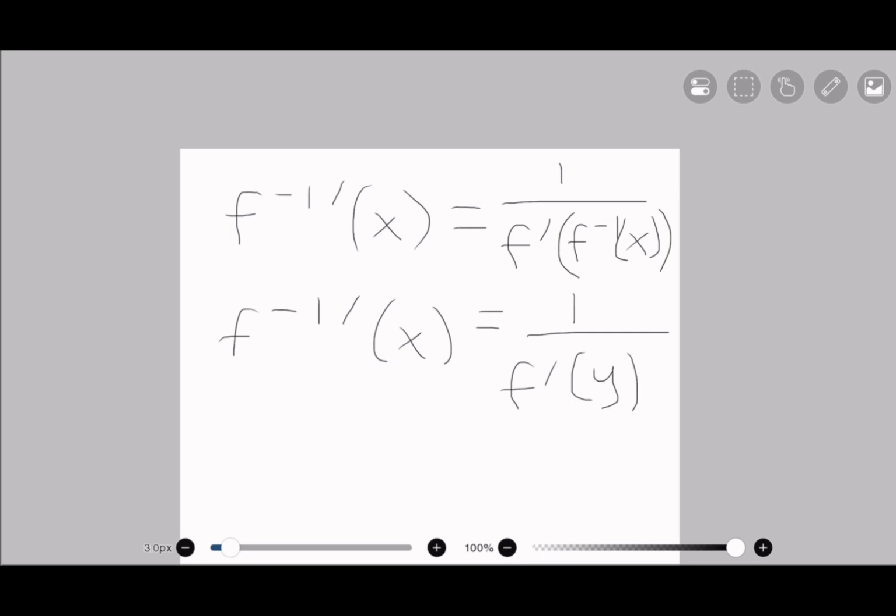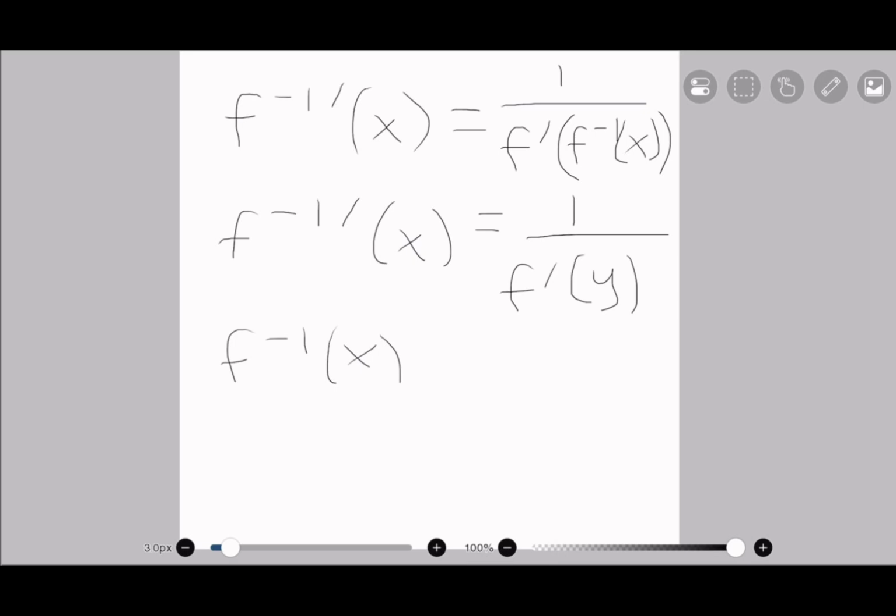And that's because when you find the inverse of x, in your original equation, that will be your y.